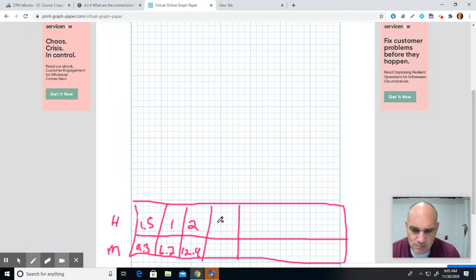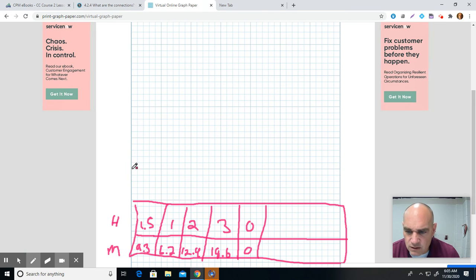I'm going to multiply this by 3. 1 times 3 is 3, so I multiply 6.2 by 3. 6.2 times 3 is 18.6. And I should have put this down here, but I forgot: if I'm going to graph something, I also do 0. So if I go 0 hours, I go 0 miles.